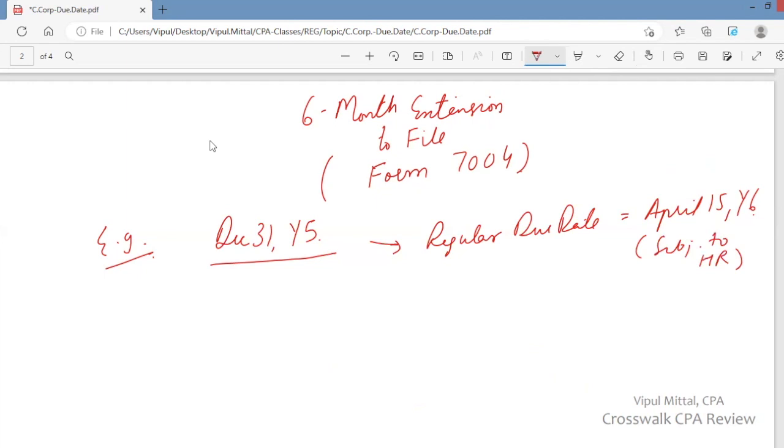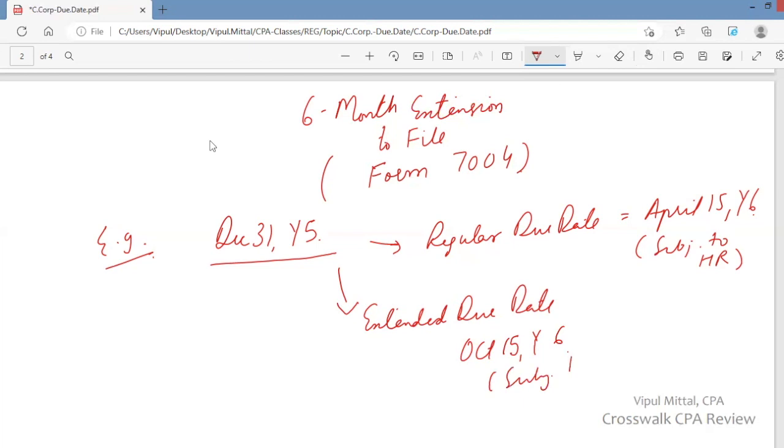If the C corporation files Form 7004 by its regular due date, then it gets a 6 months extension, and the due date is October 15th, again subject to the holiday rule.